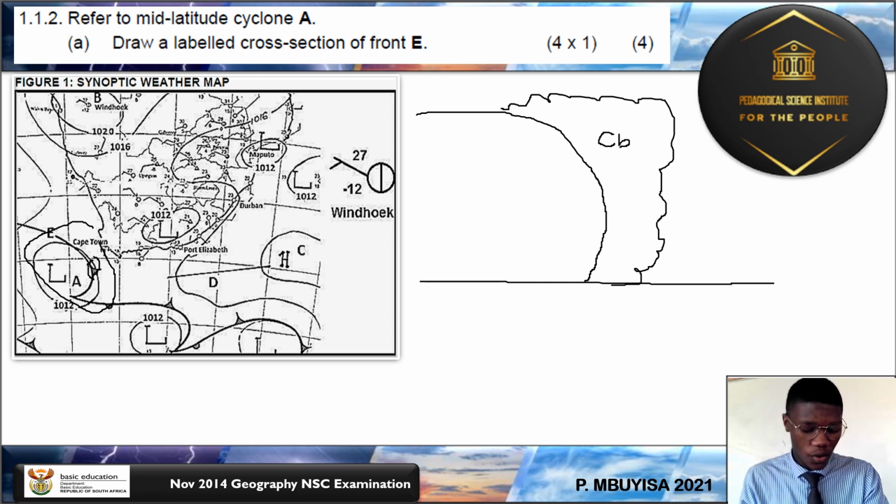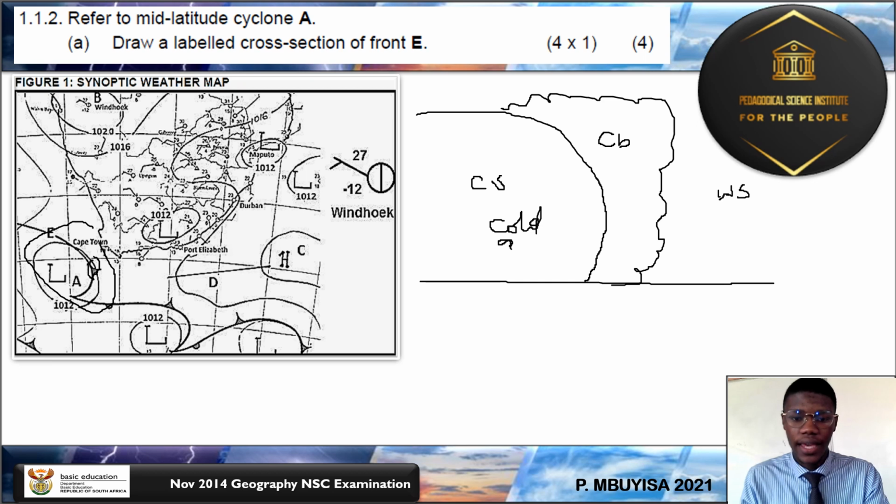And in front of the cold front, you'll remember that you always have your warm sector, right? So just demonstrate that you have your warm sector there. And then behind the cold front, you have the cold sector, and the cold sector has what? Cold air.